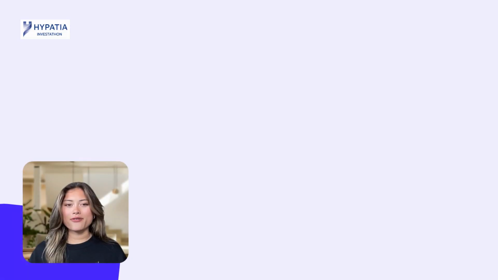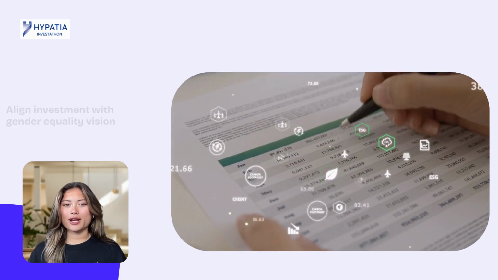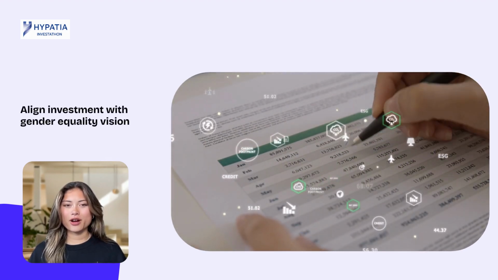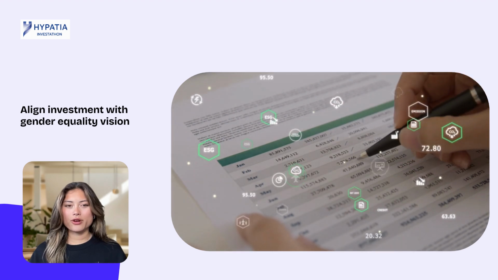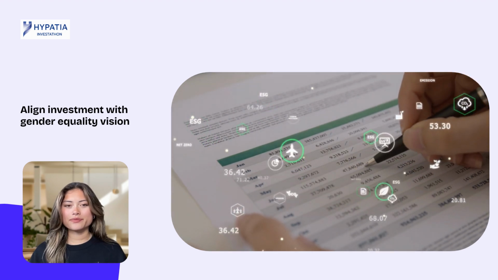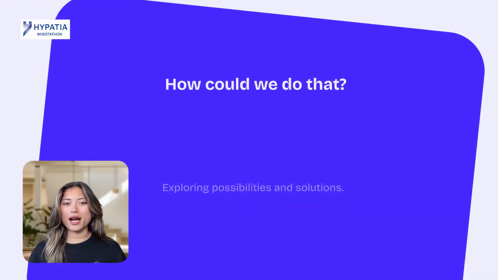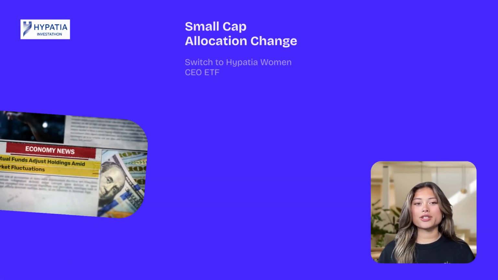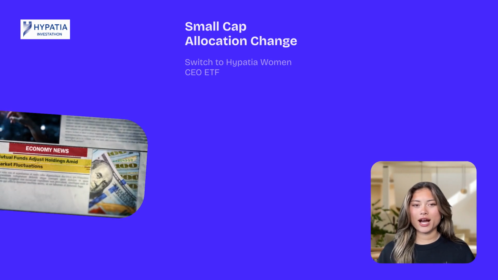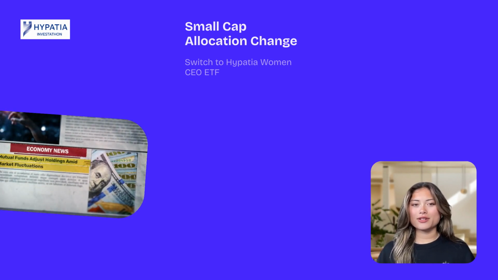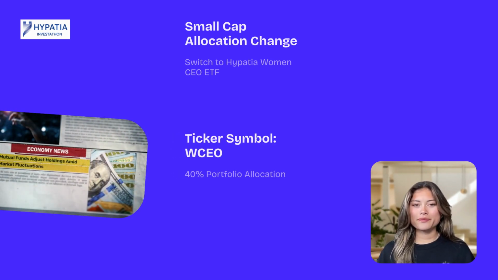Now, to add the final lesson of Module 3, Investing Your Values, you could alter that investment portfolio to align with a vision where chief executive officers who were women and men were found in almost equal proportions. How could we do that? By changing your small cap allocation to 40% of your portfolio and changing it to the Hypatia Women CEO ETF, ticker symbol WCEO.